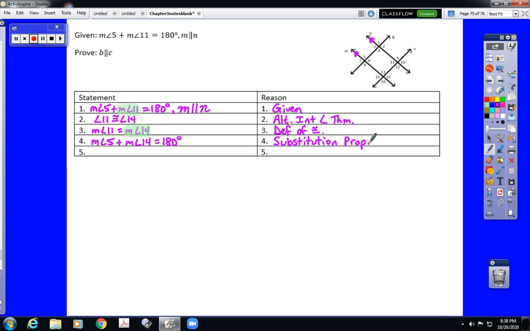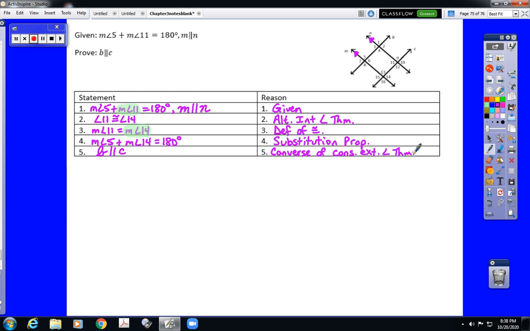And the consecutive exterior angle theorem, the converse, says that if a pair of consecutive exterior angles, like 5 and 14, are supplementary, which is what we've stated here, 5 plus 14 adds to 180, that is enough to declare that the lines that they lie on, in this case line B and line C, are parallel. So we would finish this proof by saying the converse of the consecutive exterior angle theorem. Done.